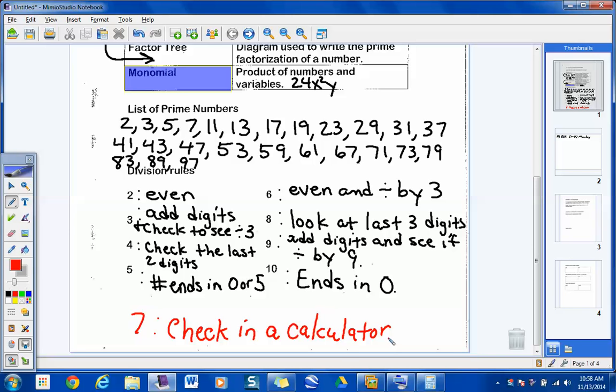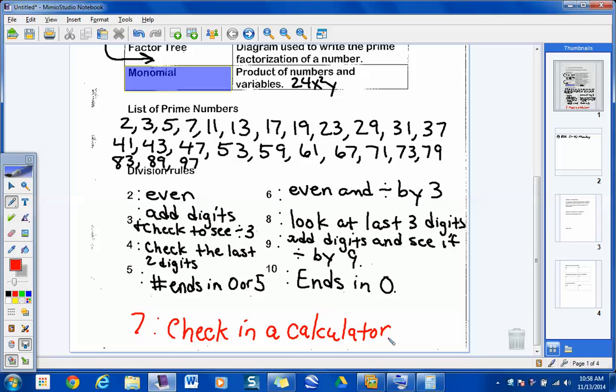Number 6, rule of 6. If your number you start with is even and divisible by 3, then you can divide it by what? 6. The example I used in this was 672. Is 672 even? Okay, so we satisfied this condition, right? And then I need to see if 672 is divisible by 3, right?